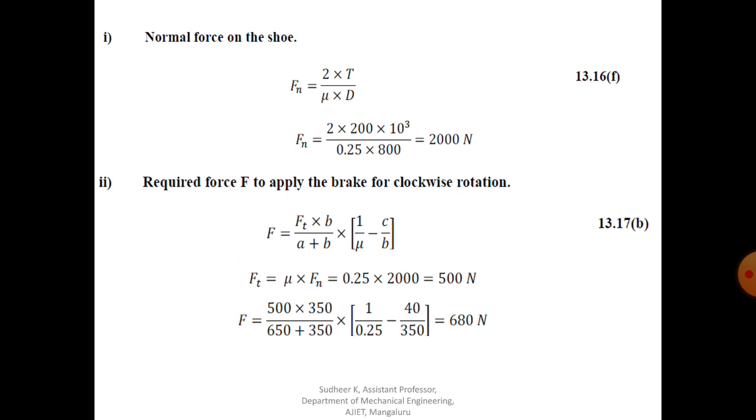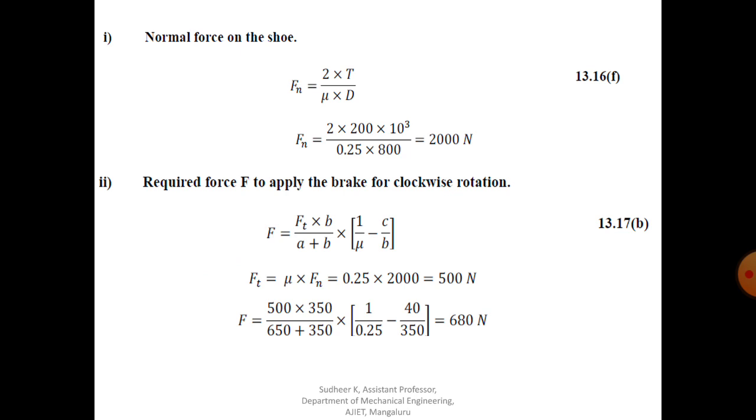For clockwise you have to use the counterclockwise equation. Now it's proper, whatever the data book diagram and given problem diagram, that will remain same. So for clockwise rotation you have to use equation number 13.17b. You have to refer to figure B, from page number 267.